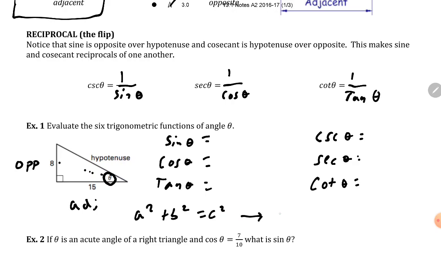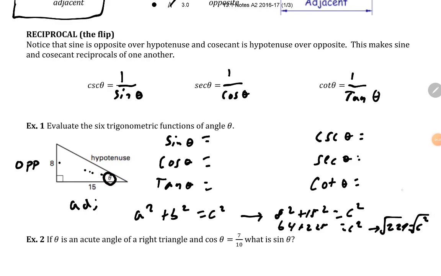So I have 8 squared plus 15 squared, which is 64 plus 225, which is 289 equals c squared. Take the square root of both sides, and we'll get a c value, or a hypotenuse, of the square root of 289, which is 17.